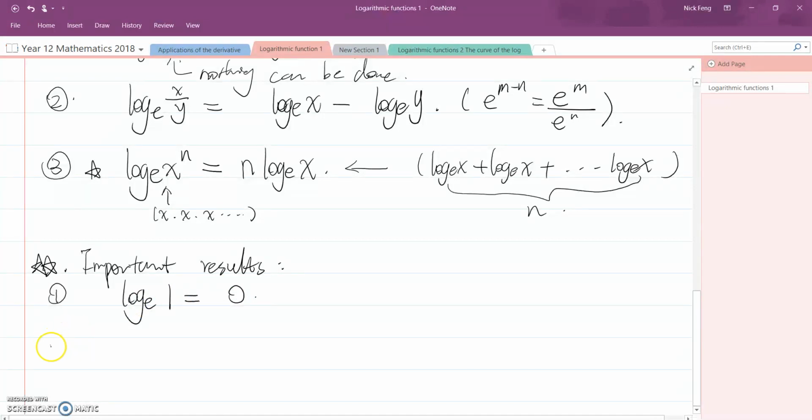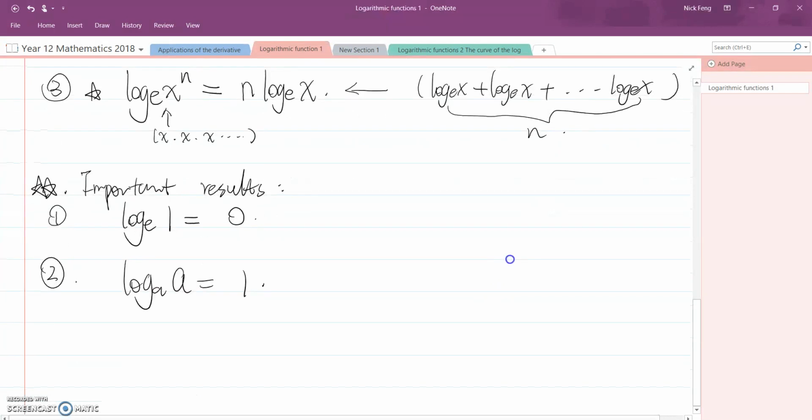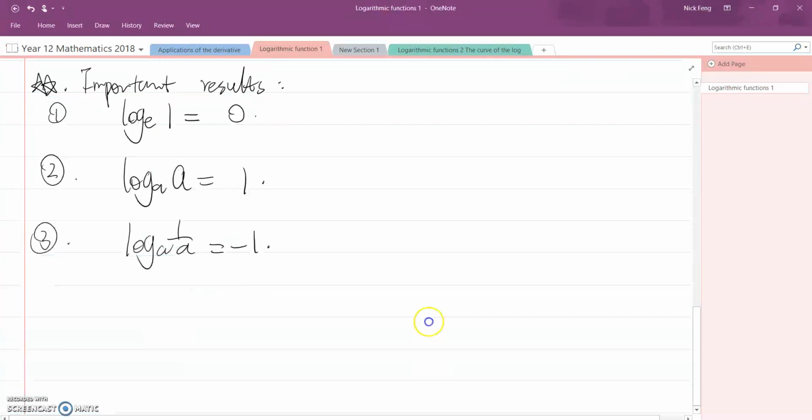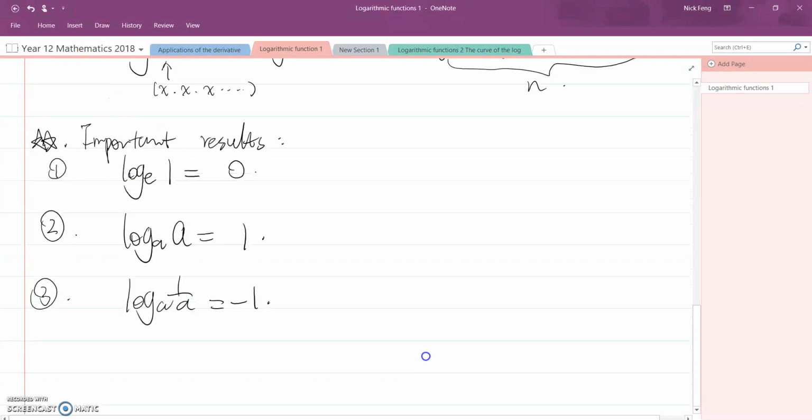And generally, if we have log base a of a, that is 1, because a to the power of 1 is a, and e to the power of 0 is 1. And the last one, what happens if I have 1 on a? That just gives you negative 1. Those are the very common results you might use inside the log functions.